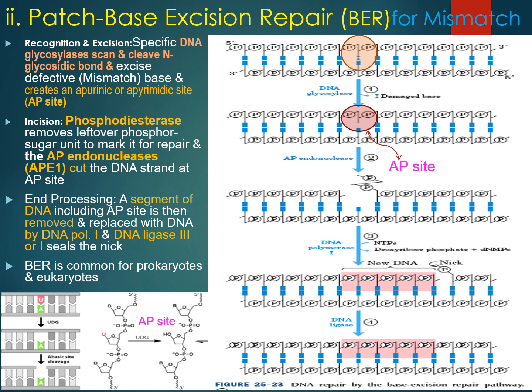This will then be repaired by addition of a new nucleotide, or a segment will be removed by DNA polymerase 1, and the gap will be filled by DNA polymerase 3 or 1. The sealing is done by ligase 3 or 1, which is very common for prokaryotes as well as eukaryotes.